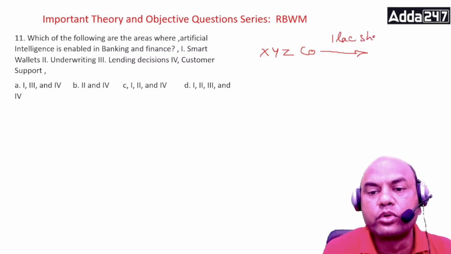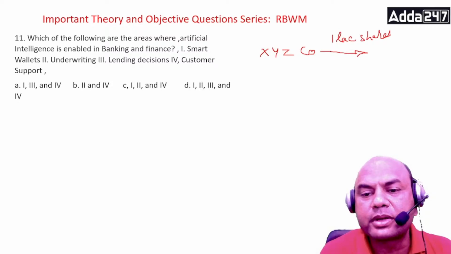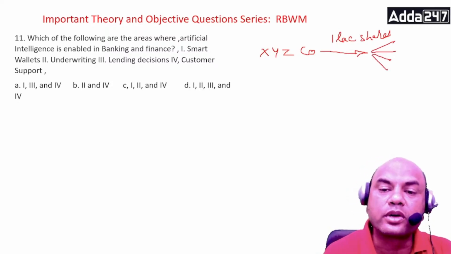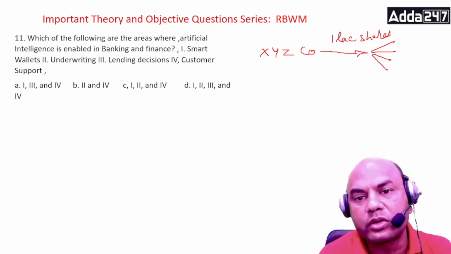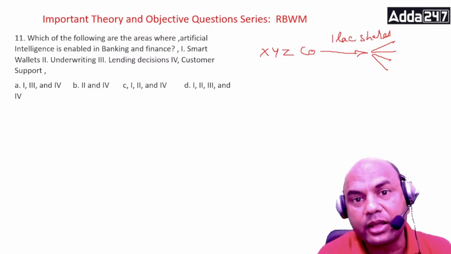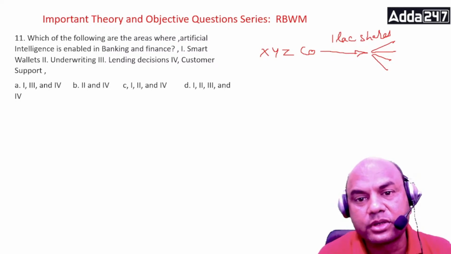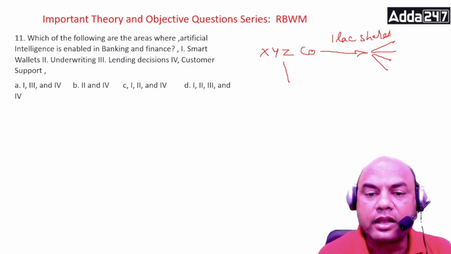I want to sell it to common persons, the common investor. Now I am not sure if these shares are going to be sold or not. It may happen that only 10,000 shares are sold. So here comes the underwriter.